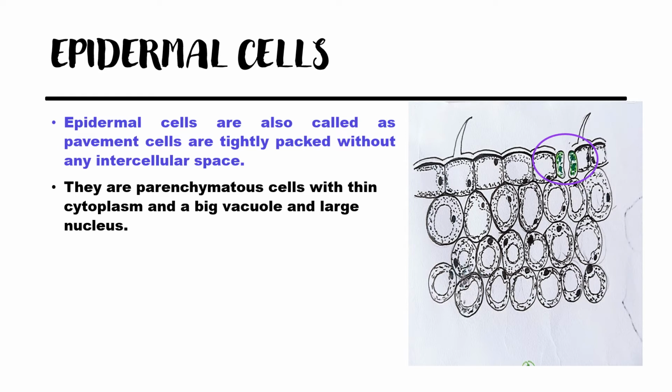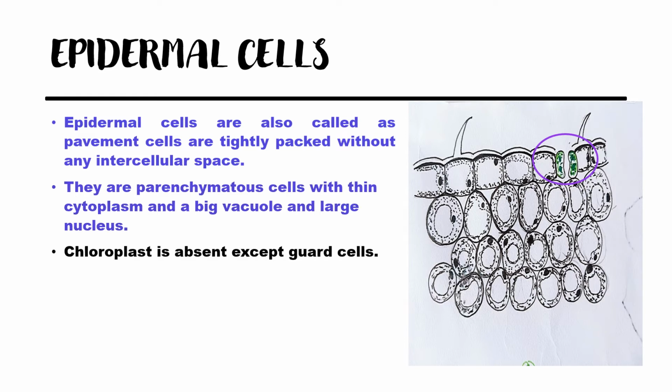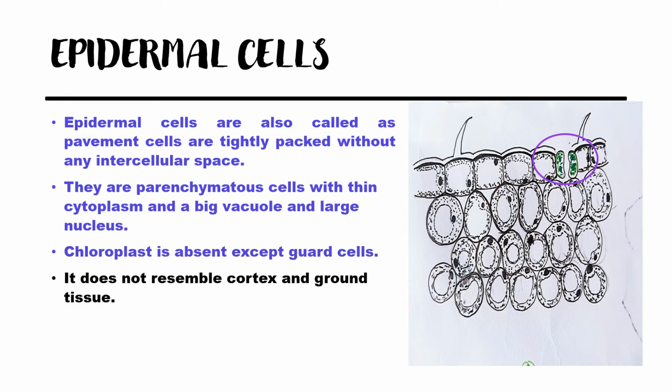They have thin cytoplasm, big vacuole and large nucleus. Chloroplast is absent in epidermal cell except guard cells. The cells doesn't resemble cortex or ground tissue.